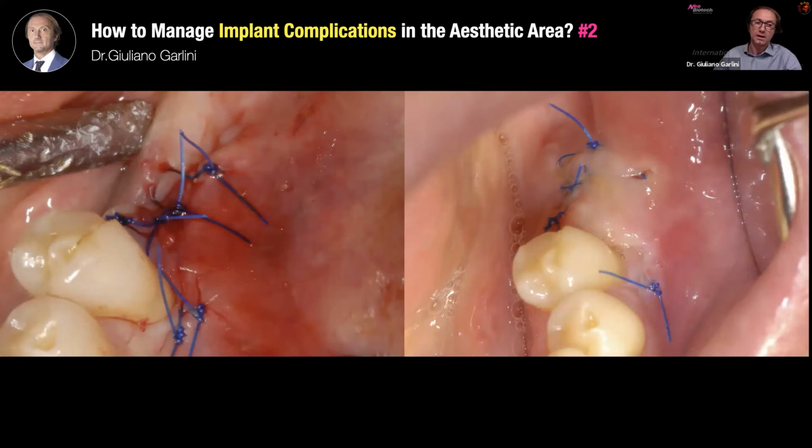So he has a very small thickness of keratinized tissue, and just after 10 years, you can see how the situation is getting better, and you can see that we can probably expect a better amount of keratinized tissue after the healing.